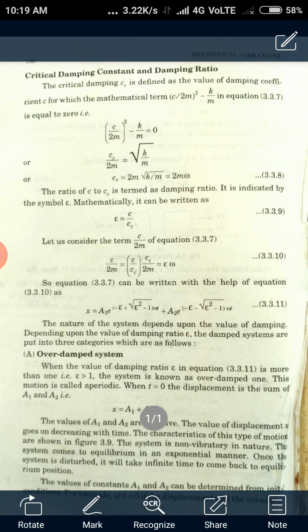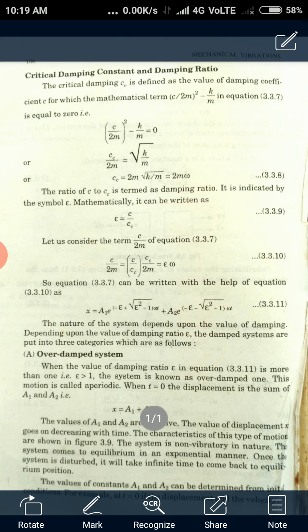Now before going further, we have to define two important terms. One is the critical damping constant and the other is the damping ratio. These are the two very important terms here: the critical damping constant, or critical damping coefficient, and the damping ratio.